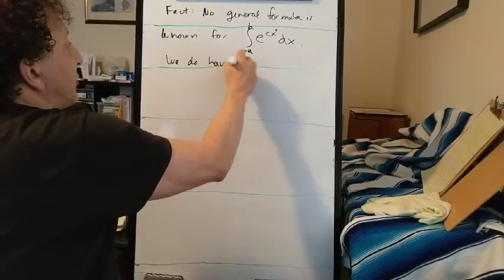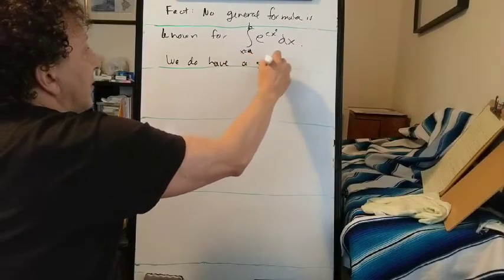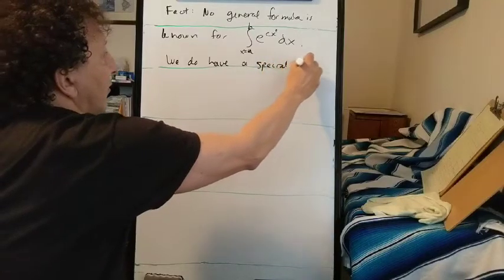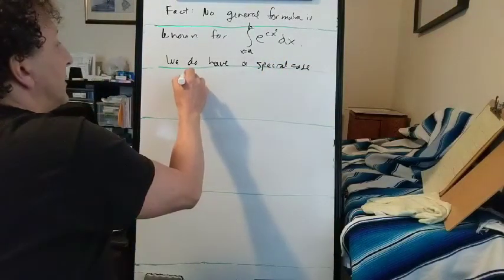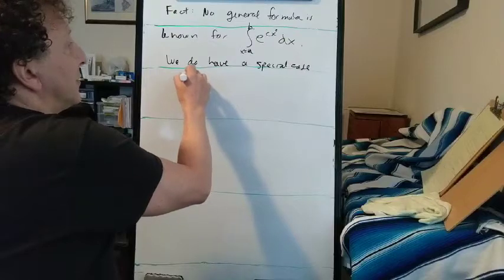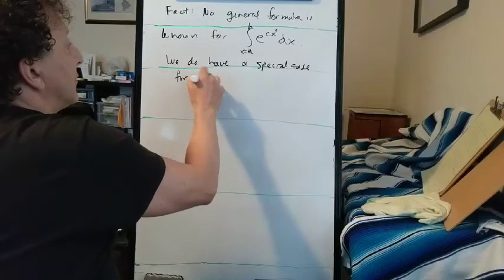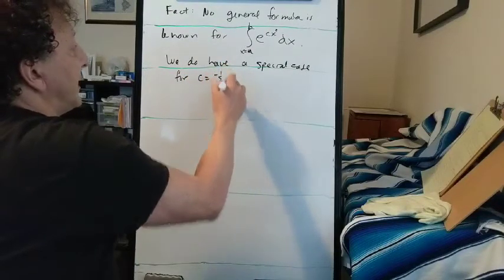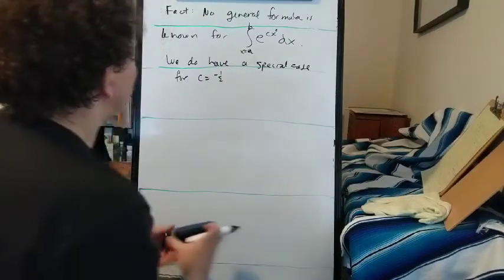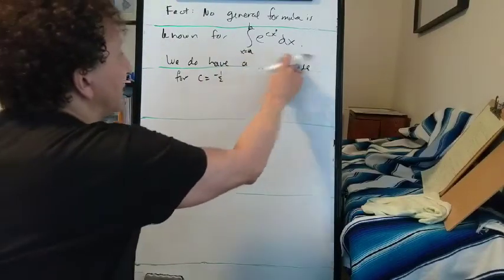We do have a special case, though, when c equals -1/2. So we have a formula in this special case.